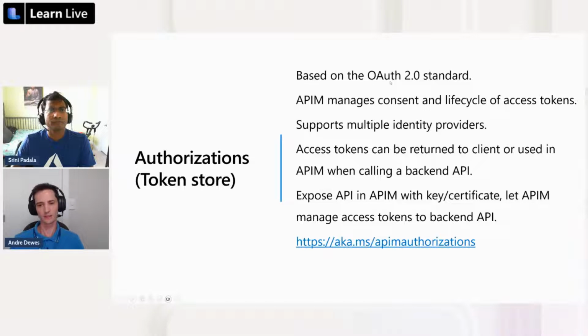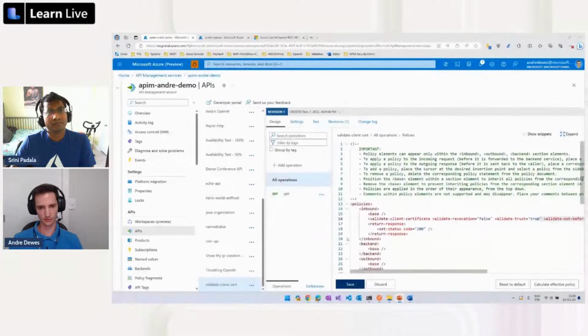For example, let's say that you have a Salesforce backend API protected by Salesforce, and then you want API management to acquire a token on behalf of the user or the application, and then use that token in the flow internally without having your client do this. So that's a really nice thing that it can manage all the access tokens internally in a neat way. I'm going to show this in a second. Just a second.